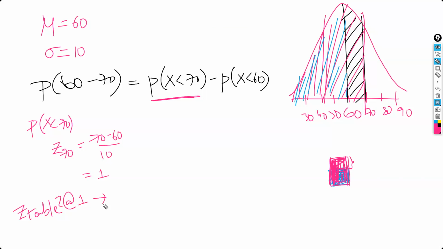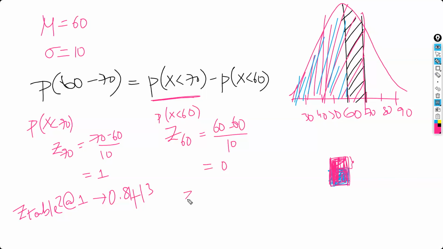At z equal to 1, what is the value? 0.8413. Now z of 60, that is probability of x less than 60: 60 minus 60 divided by 10, which is 0.